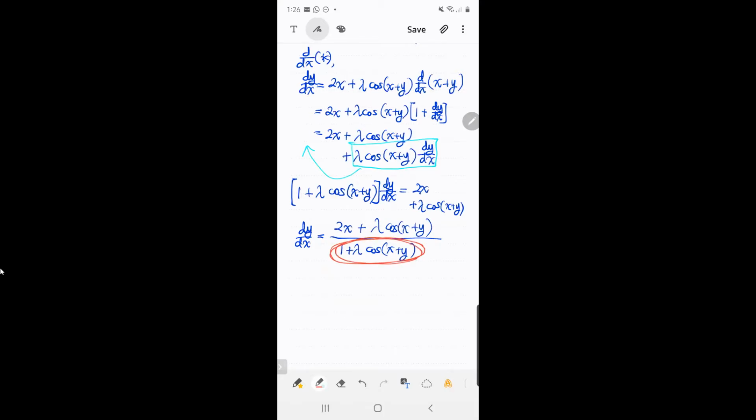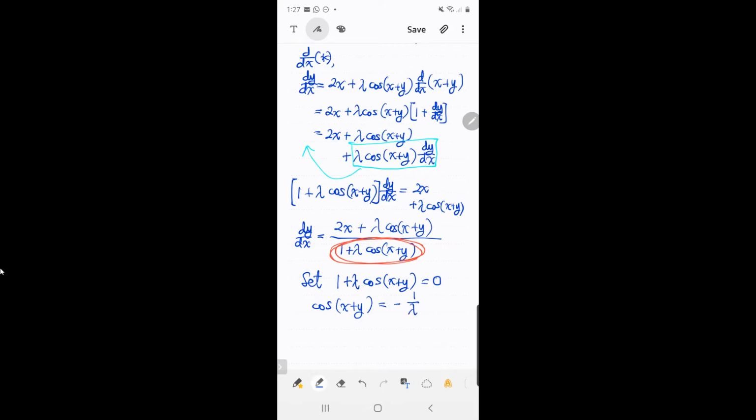Right? So what happened now is you set 1 plus lambda cos(x plus y) equal to 0. So you solve this one, you will get cos(x plus y) is equal to negative 1 over lambda.